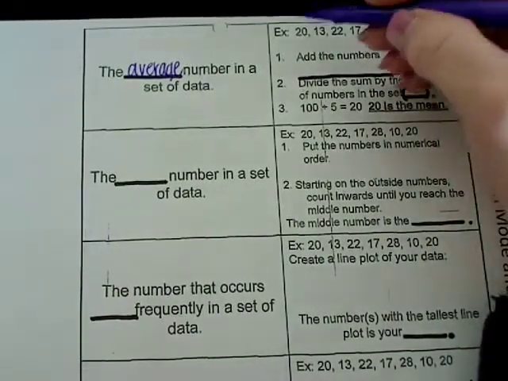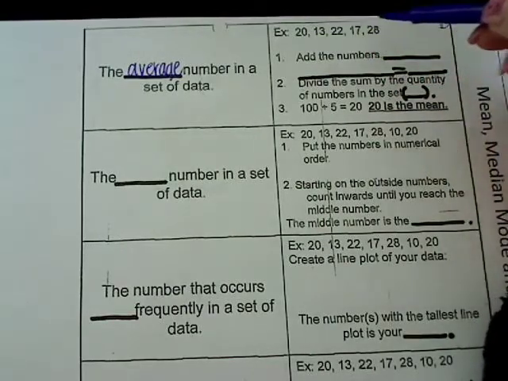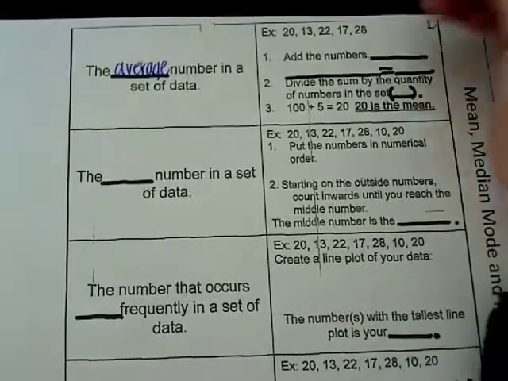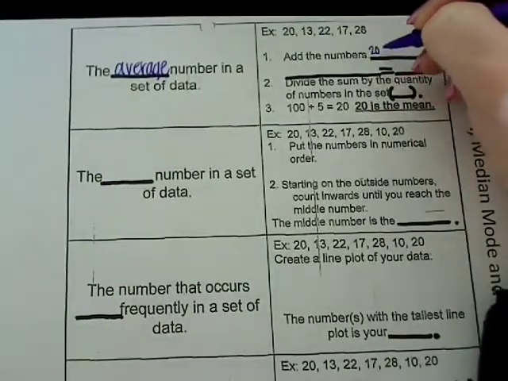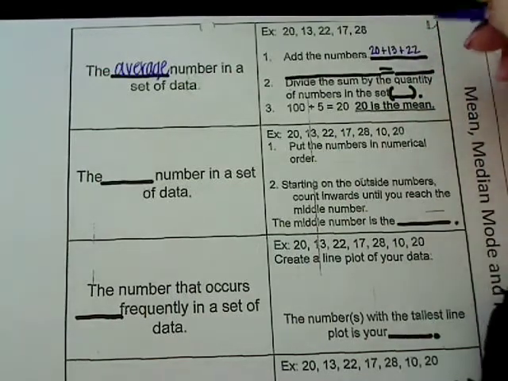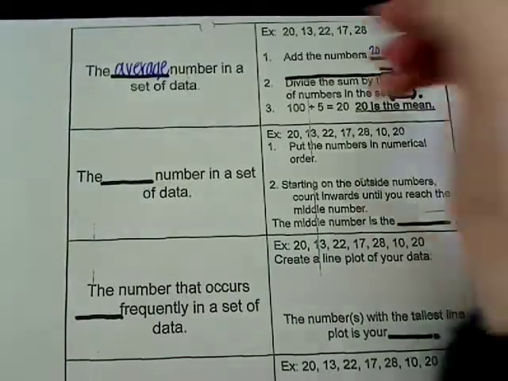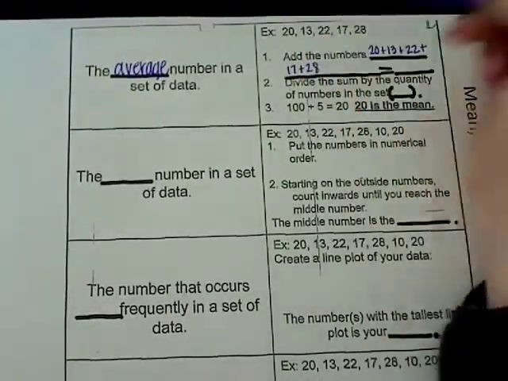all the numbers together. So here's my list of numbers: 20, 13, 22, 17, and 28. I'm going to add all of those numbers together. 20 plus 13 plus 22 plus 17 plus 28.